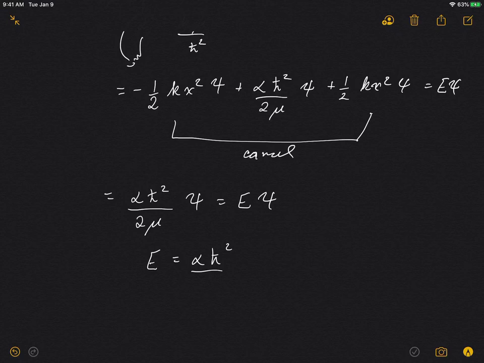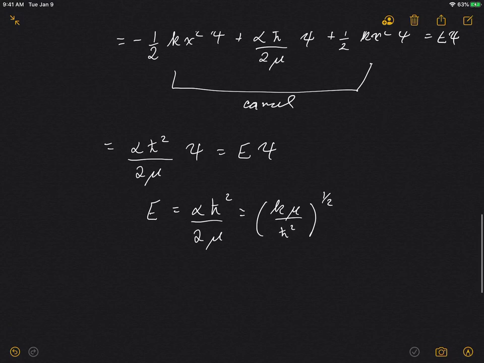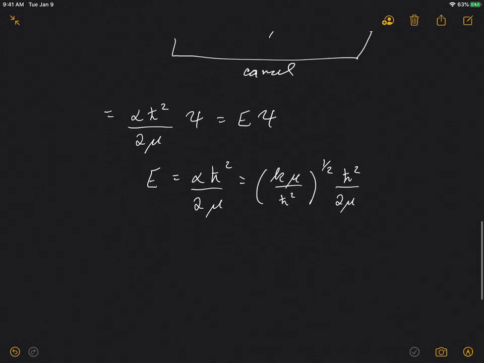It's alpha h bar squared over 2 mu, and alpha is k mu over h bar squared to the 1/2, the square root of all of that. We get that some things partially cancel. We end up with k to the 1/2 power.